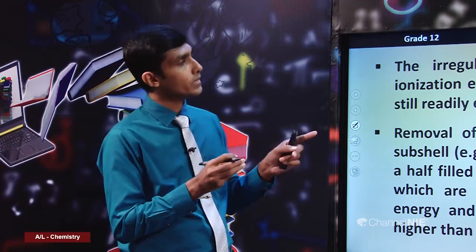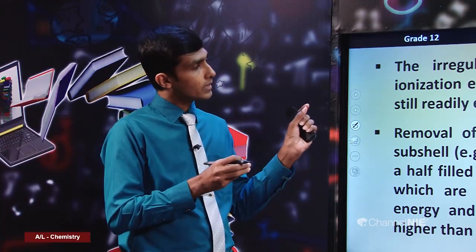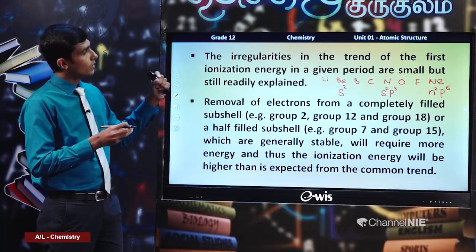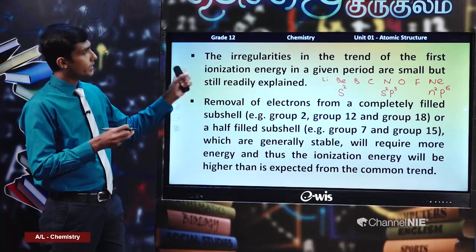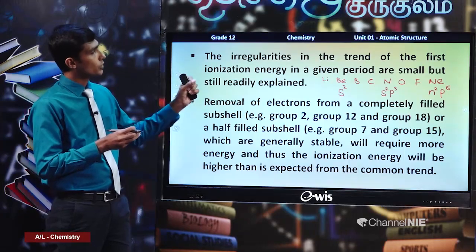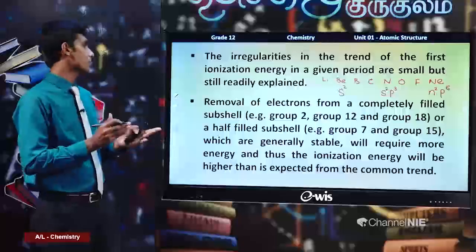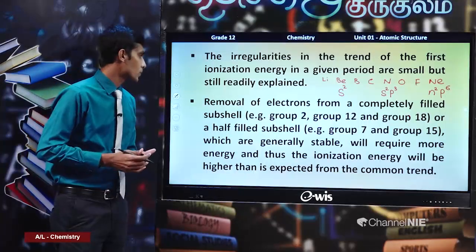Therefore, we can expect some increments, that means greater values than the expected variation, for these elements in group 2, group 15 and group 18. That is what is explained here.